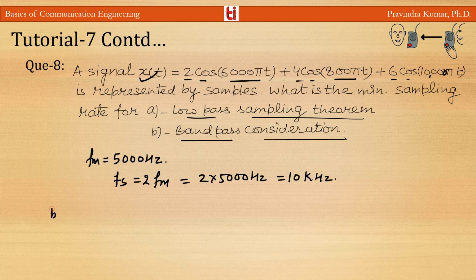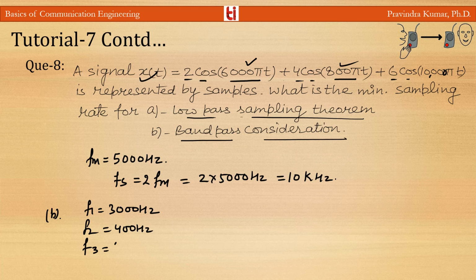Now for the second part, for the band pass case, you can see there are three frequency components, f1, f2 and f3. So f1 here is 300 hertz, f2 is 400 hertz, and f3 is 5000 hertz.